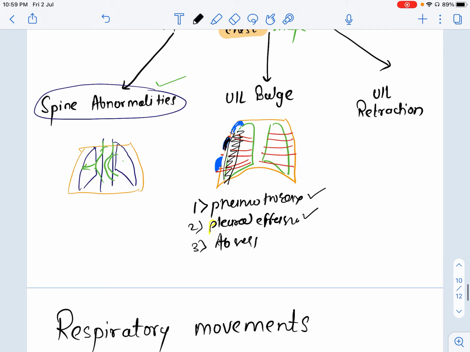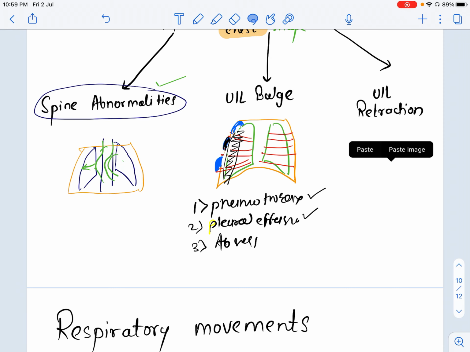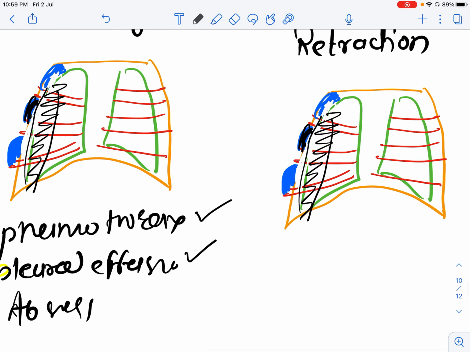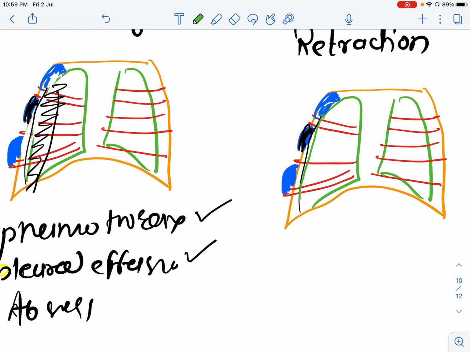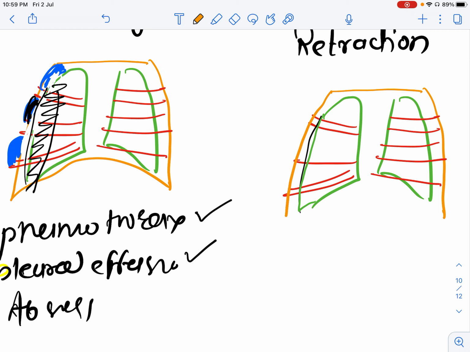And what if we replicate this diagram over here? What we see is, instead of a chest bulge, just a second, I'll draw a diagram.